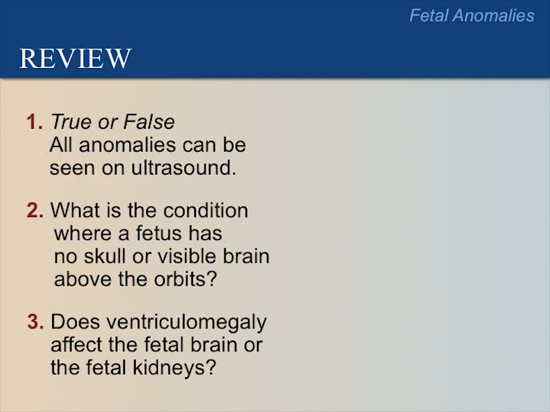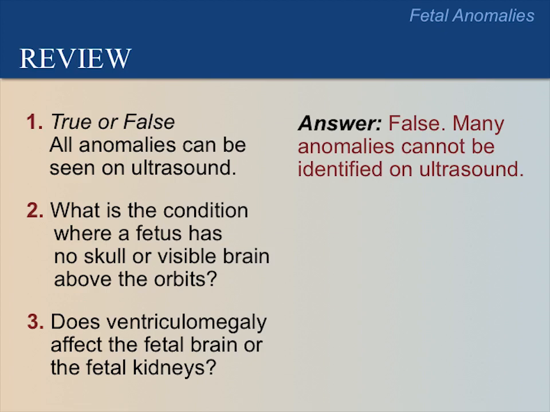Review questions, true or false. All anomalies can be seen on ultrasound. The answer is false. Many anomalies cannot be identified on ultrasound. What is the condition called where a fetus has no skull or visible brain above the orbits?